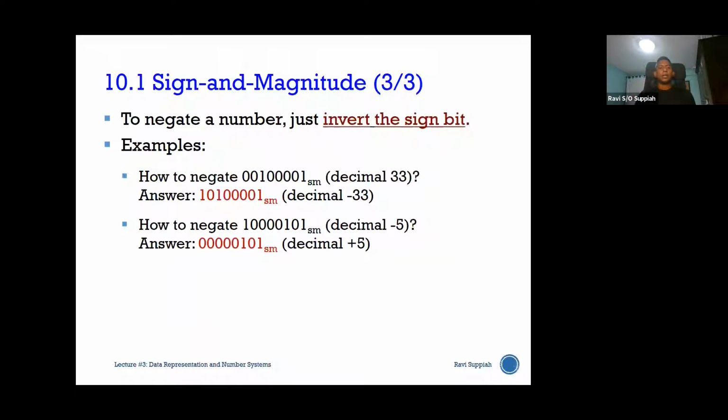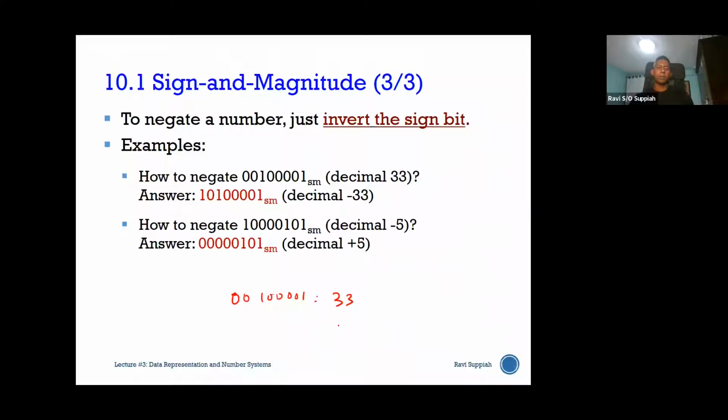Now, in sign and magnitude, to negate a number, you just invert the sign bit. There's nothing else you need to do. For example, if you look at this binary bit pattern, 0 0 1 0 0 0 0 1, and I say this has a value of 33.